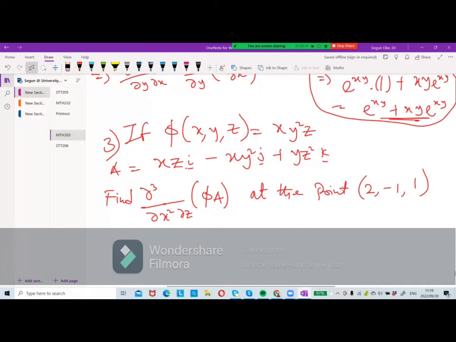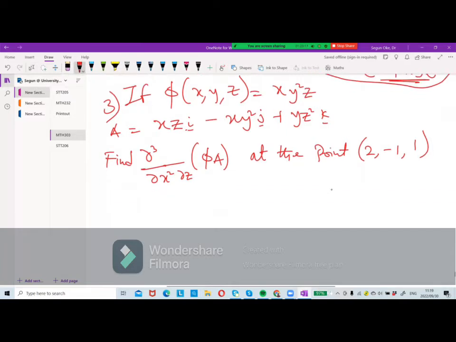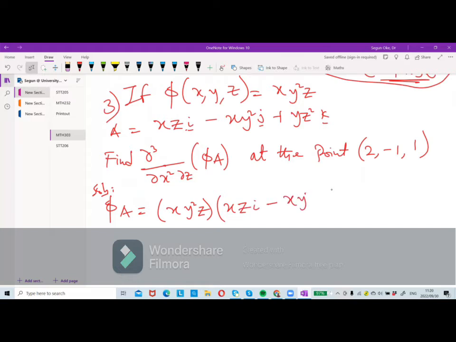So what you need to do is, first of all, resolve the phi A. The solution now begins. Phi A is equal to what? x y squared z multiplied by A now, right? That is xz i minus x squared y squared j plus y z squared k.